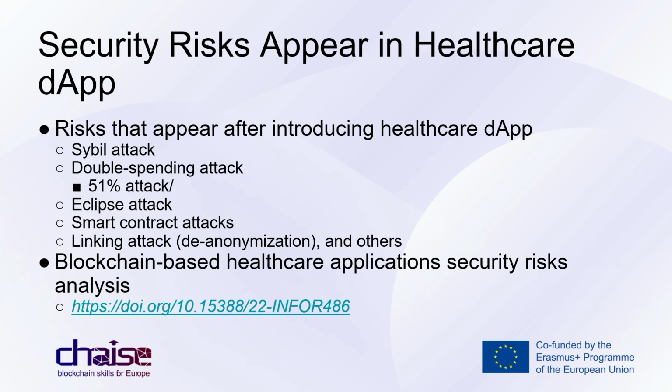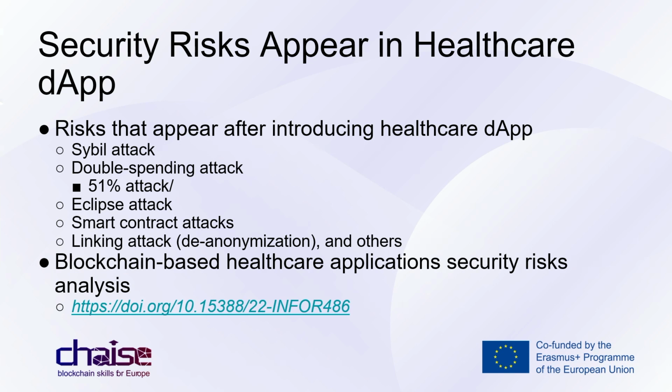For instance, here I have listed a few security threats: Sybil attack, double spending attack, eclipse attack, smart contract attacks, and linking attack, which we also call de-anonymization attacks. Although blockchain based applications are considered less vulnerable, they did not become the silver bullet for securing against different security threats, because different security threats are observed within blockchain based applications as well.